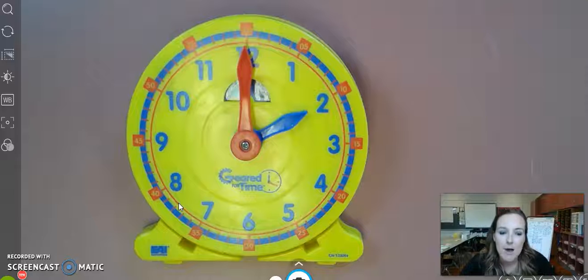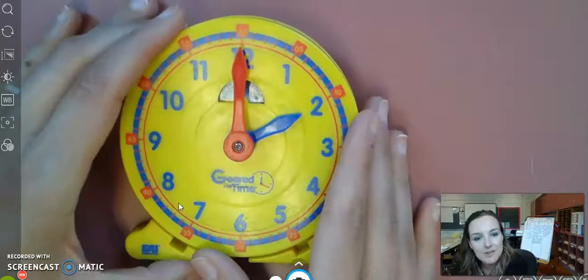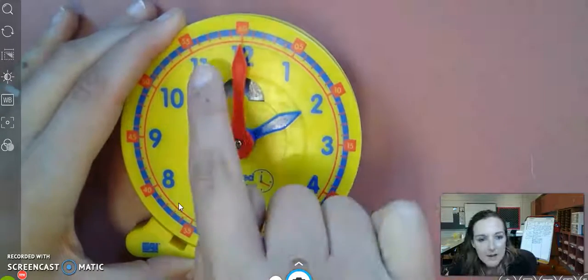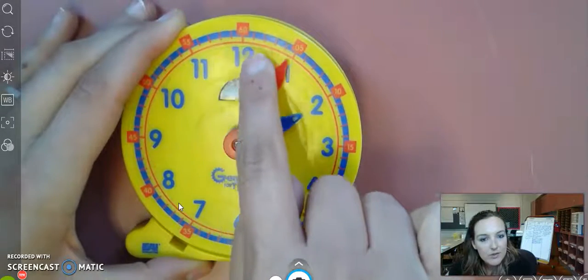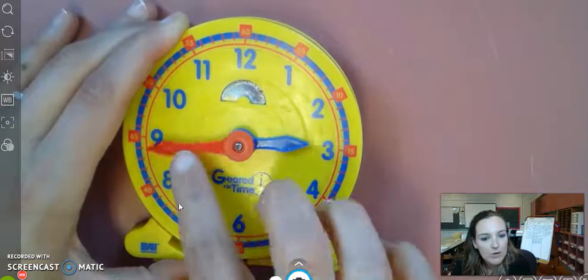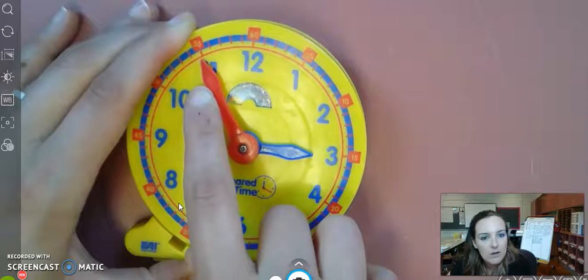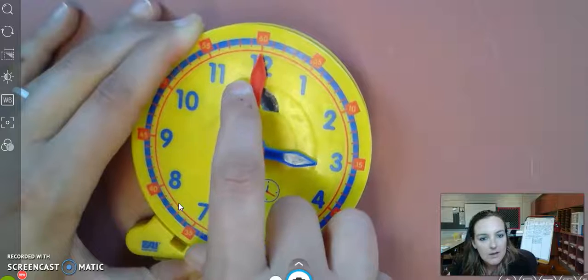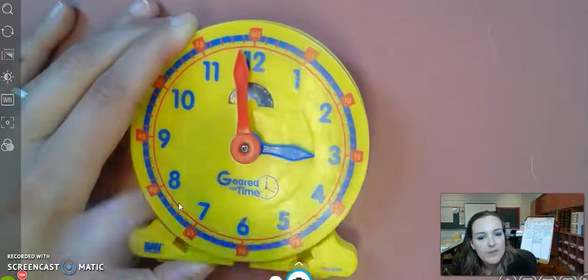We want to think about what it would say in 1 hour. So in 1 hour, what would our clock say next? In 1 hour from now, that would mean 60 minutes have gone by. So I'm going to take my minute hand, and it's just going to make one full circle around the clock. And there it is.